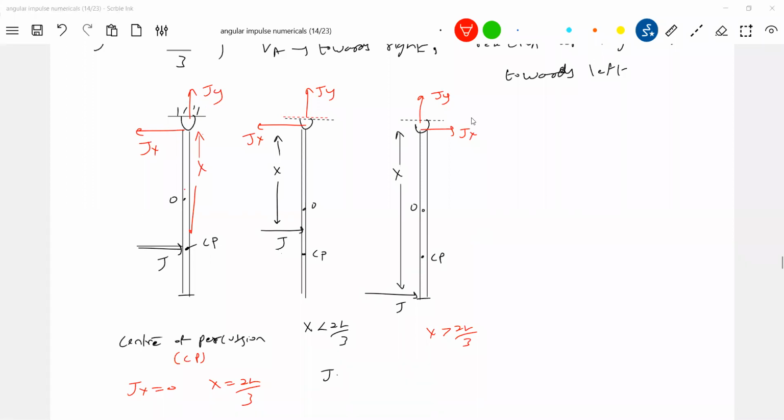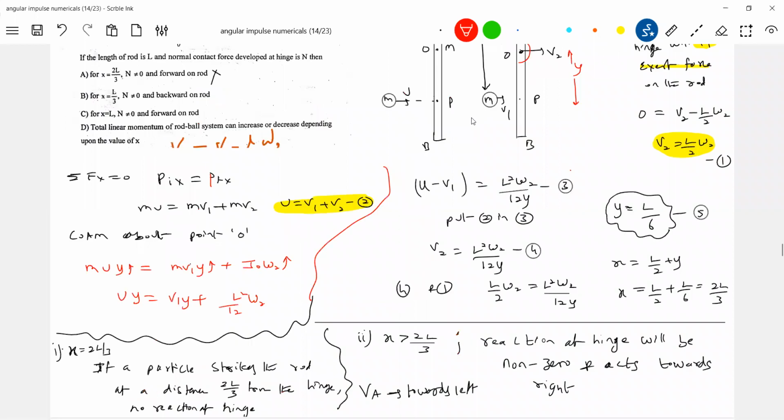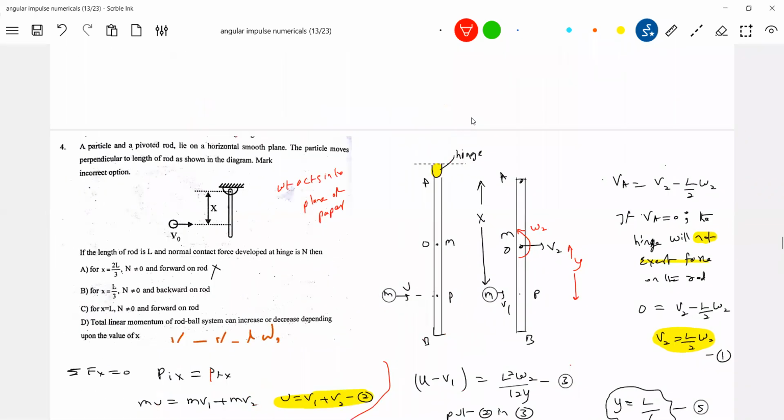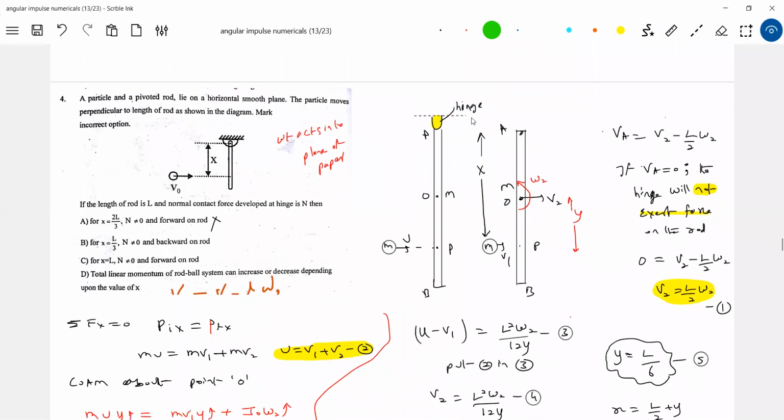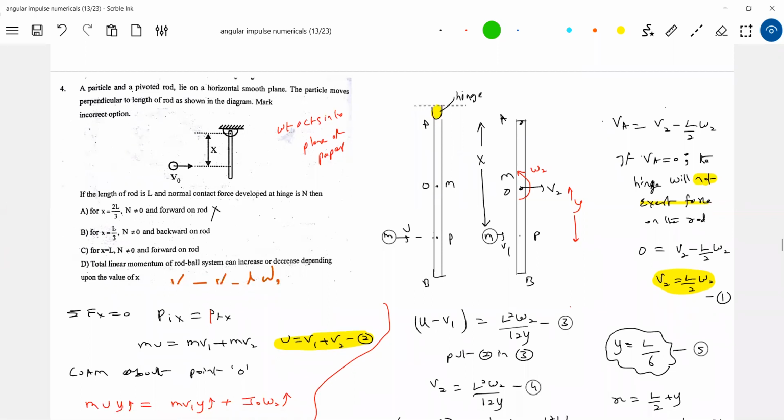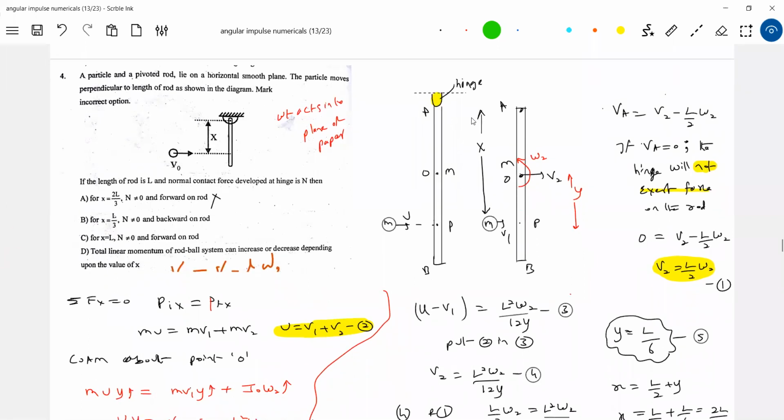I know Jy will act because of the angular velocity omega. Because of omega acquired, there will be Jy, because the pseudo force will try to pull it away. That will not affect much in the machines, so I'm not bothered much here. Normal contact develops at the hinge, backward on the rod, forward on the rod.